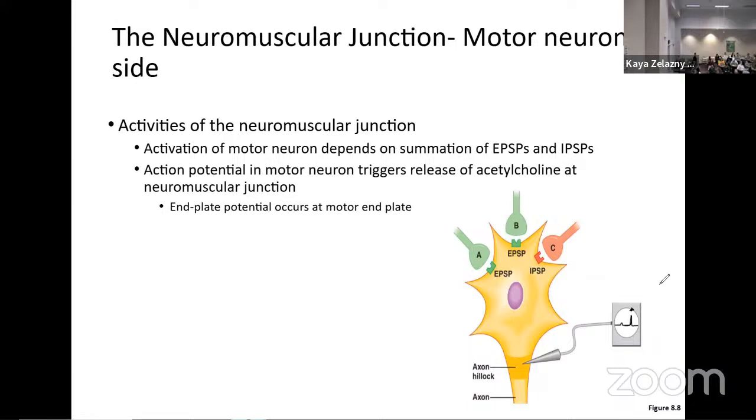Motor neuron fires. That action potential heads from the axon hillock down the axon towards the end of the motor neuron. Here's where we have our first specialized terminology for our neuromuscular junction. We are going to go down this neuron and get to a motor end plate, which is going to have an end plate potential.